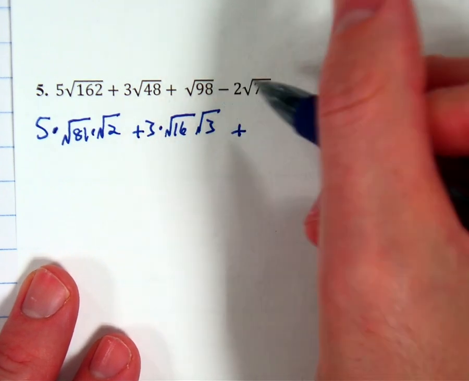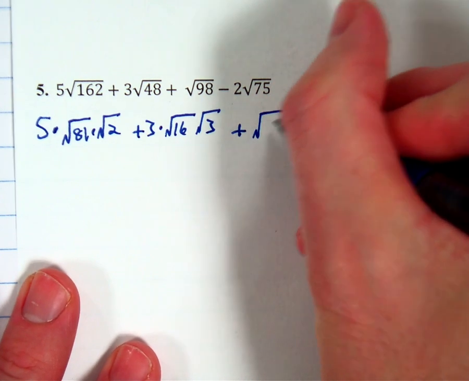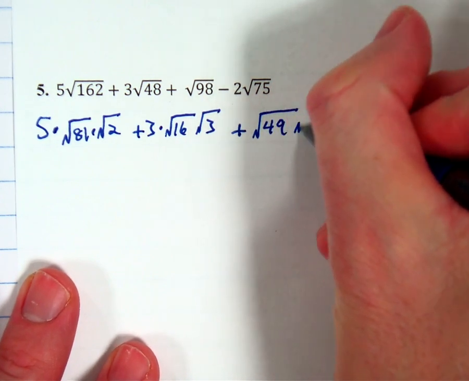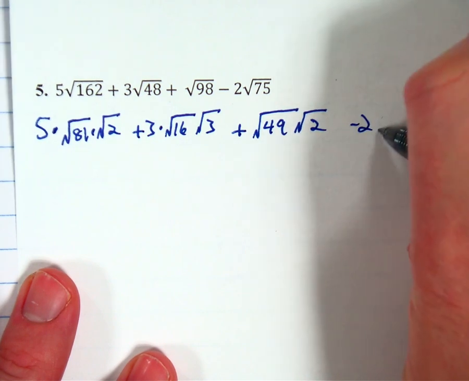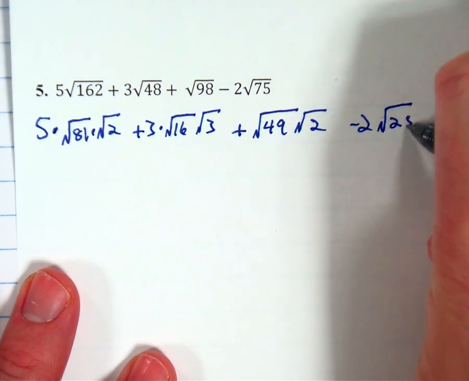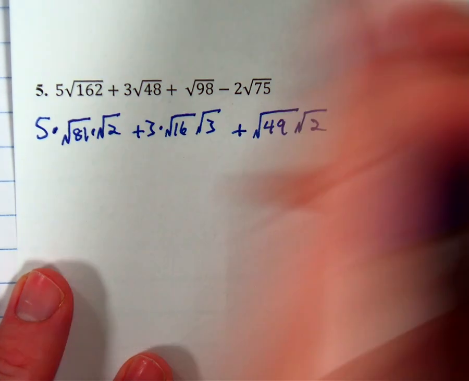Okay, 98. We're dealing with radical 2s and radical 3s. How about 49 times 2? And 75, hopefully that's a nice one for us. Think money. We got 25 cents times 3.